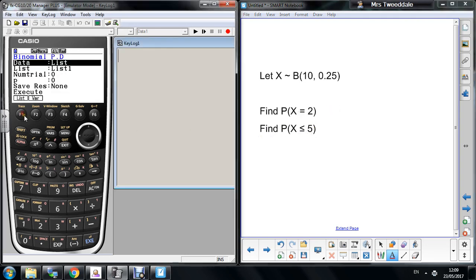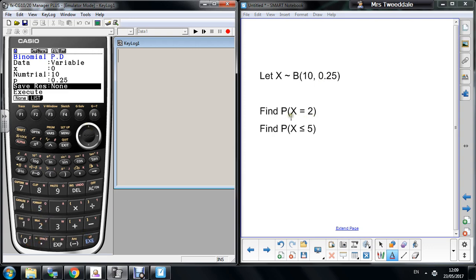So I select BPD, and then the first time you use your calculator, you're going to need to change it to variable. You only need to do that once. Now it's done, I'm good. So I'm going to look at my binomial. I'm first of all going to say, what is n? And n is 10. So the number of trials is 10. And what is p? P is 0.25, so that goes there.